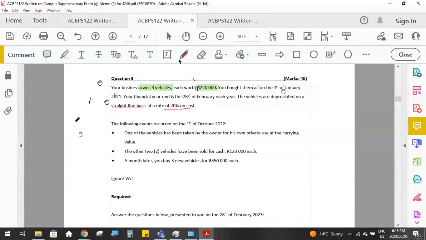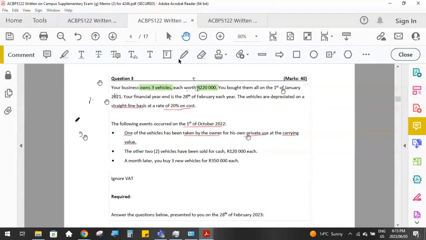Then on the 1st of October 2022, one of the vehicles was taken by the owner for his own private use, and it was transferred to him at carrying value. So that vehicle is no longer owned by the business, but is transferred out of the business's ownership to the ownership of the owner himself.